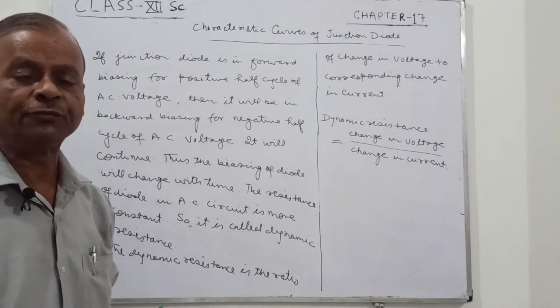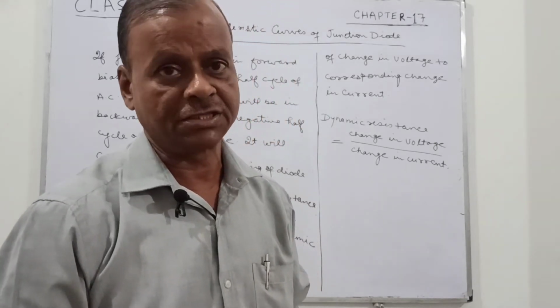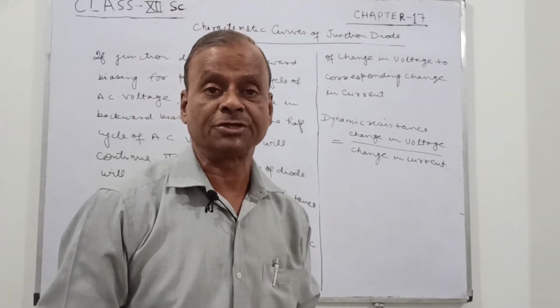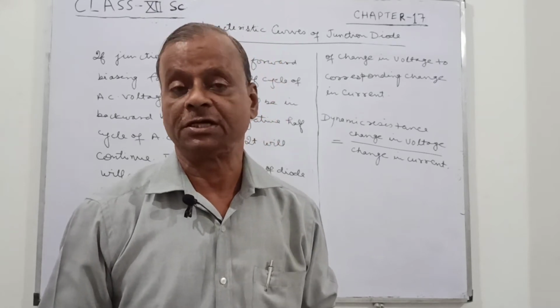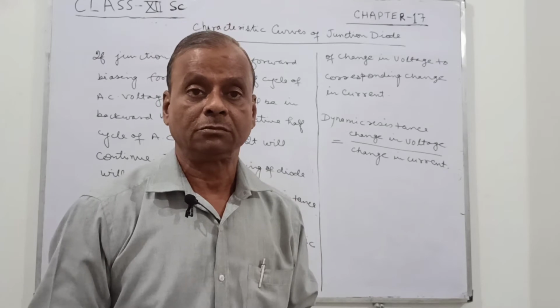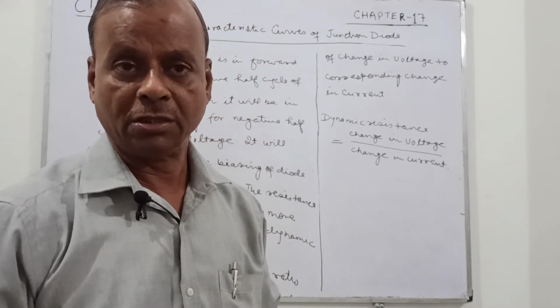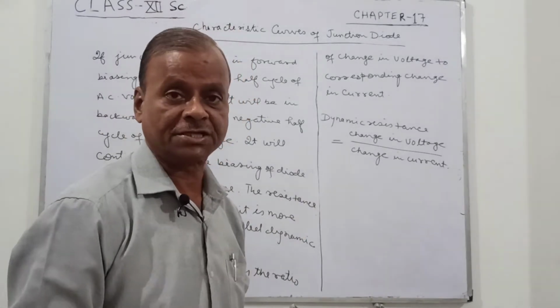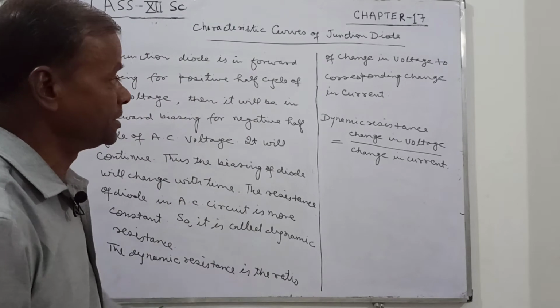I am telling you this because in the characteristic curve we have to find out both kinds of resistances, and it must also be clear to you why there is resistance in the junction diode. So these two things are very necessary to know before I draw the characteristic curve of the junction diode.